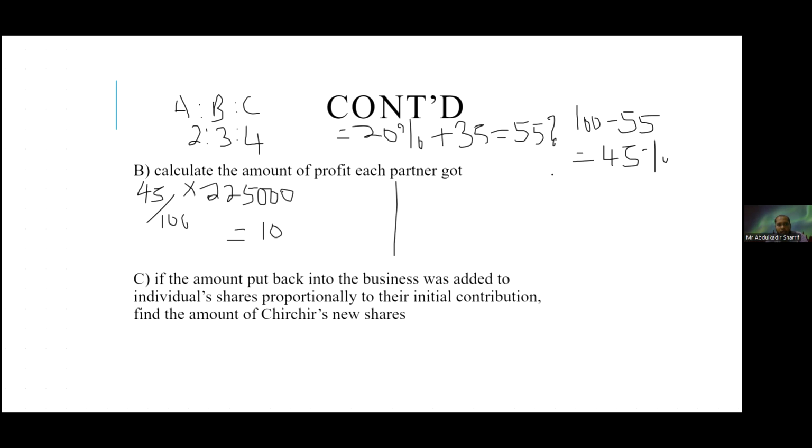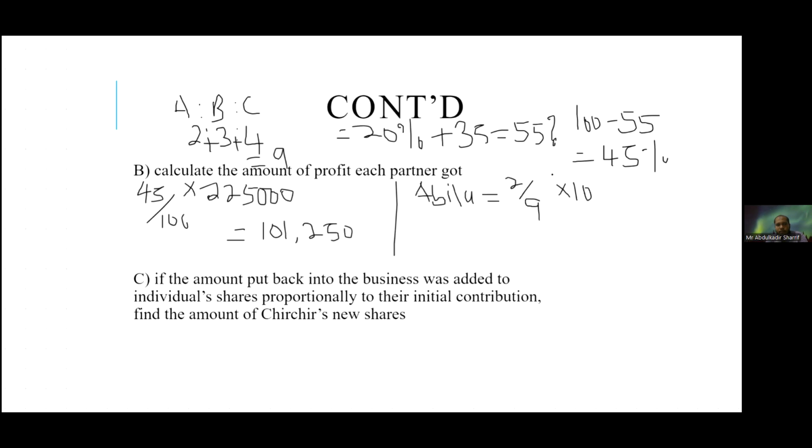So Abila alichukua 2 out of the total, and the total is 2 plus 3 plus 4 ni 9. So 2 out of 9 times 101,250.